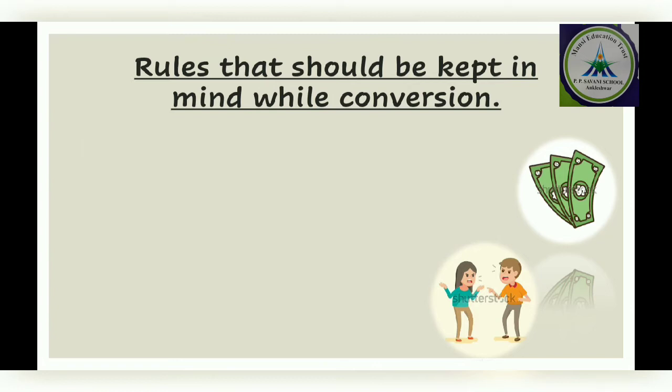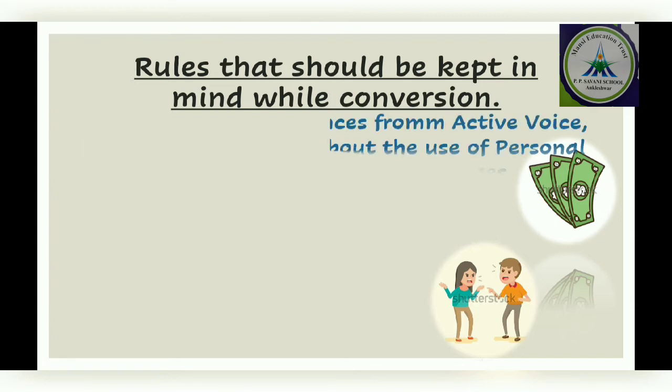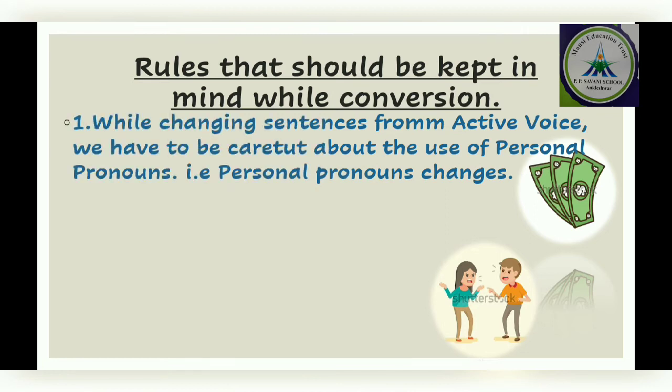Now, rules that should be kept in mind while conversion. That means from active to passive, what rules should we keep in mind? The first one is, while changing sentences from active voice, we have to be very careful about the use of the personal pronoun. That is, the personal pronoun changes. Okay?